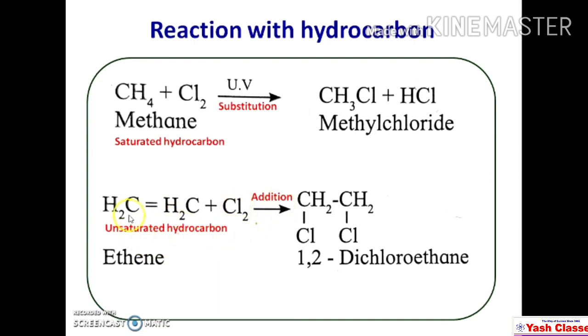So there is an addition of chlorine across the carbon-carbon double bond and we get 1,2-dichloroethane. So in this way chlorine reacts with saturated hydrocarbon as well as unsaturated hydrocarbon, and we get organic compounds containing chlorine, that is halogen derivatives. This is a monohalogen derivative, this is a dihalogen derivative.